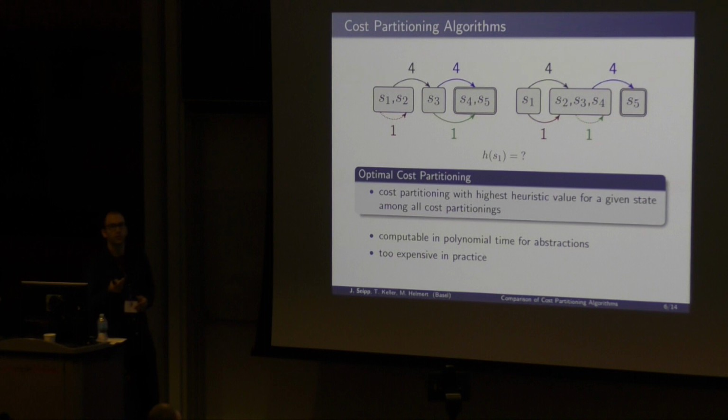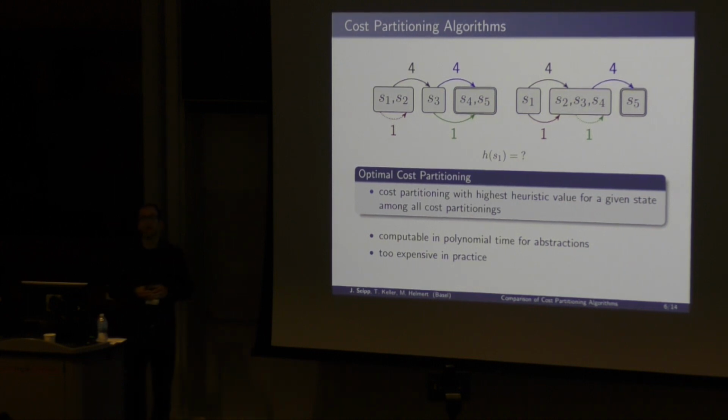So the question becomes, how do we come up with these cost partitionings? There are several algorithms in the literature, and in this work we compare these both theoretically and experimentally. First I would like to give you an overview of what the algorithms are, and then I'll go into the theoretical and experimental analysis.